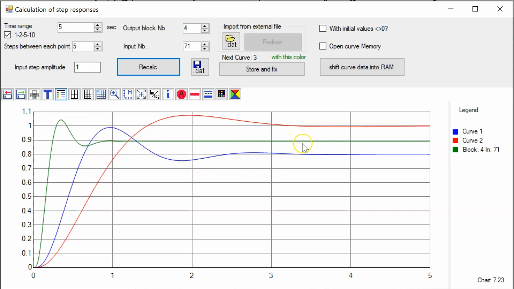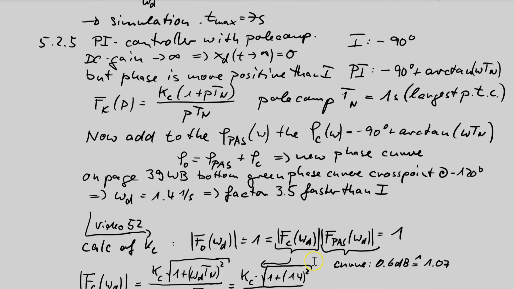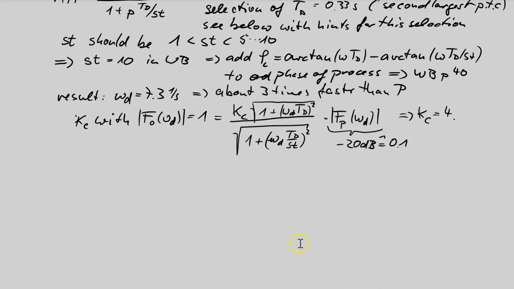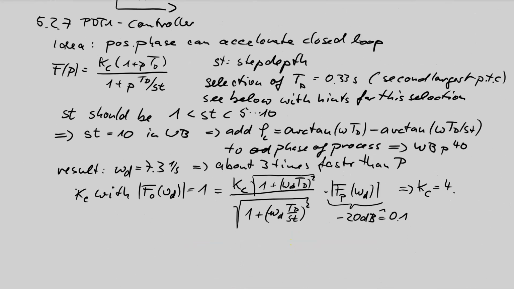So we now have a control error. I should add it to my paper here. The control error for infinitely large time is 1 divided by 1 plus the DC gain of the process at 0 multiplied with the controller at 0. That was the equation.